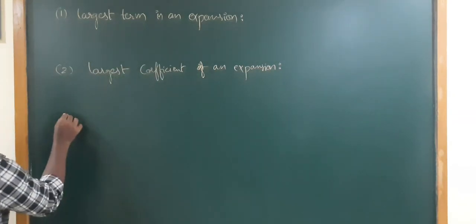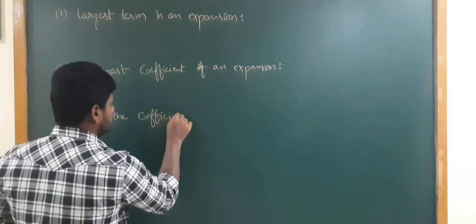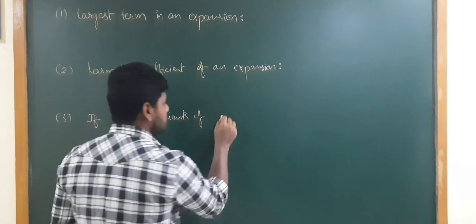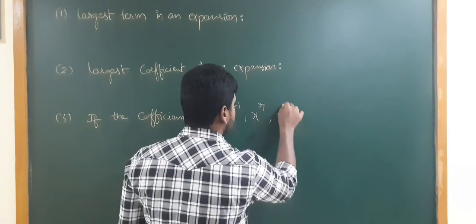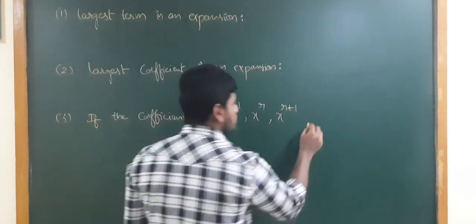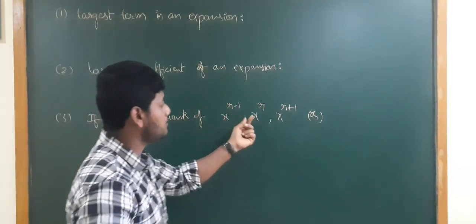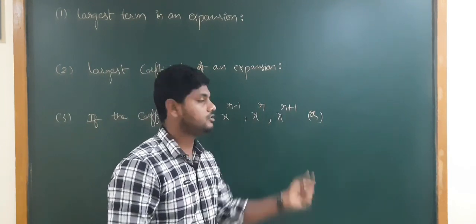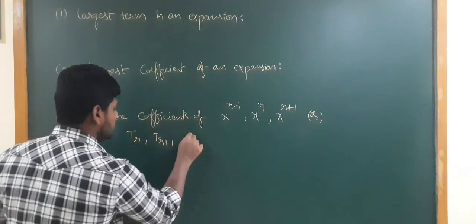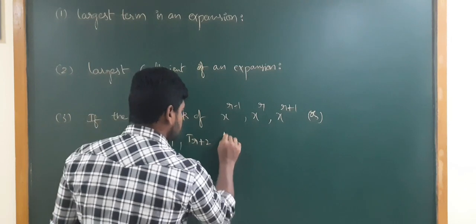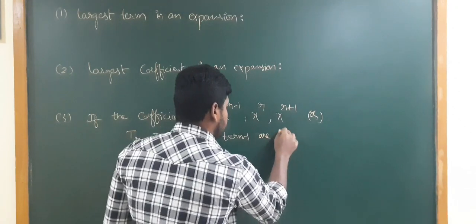Another one is, if the coefficients of x to the power of r minus 1, x to the power of r, x to the power of r plus 1, or when we are discussing terms, T r, T r plus 1, T r plus 2, are in AP.